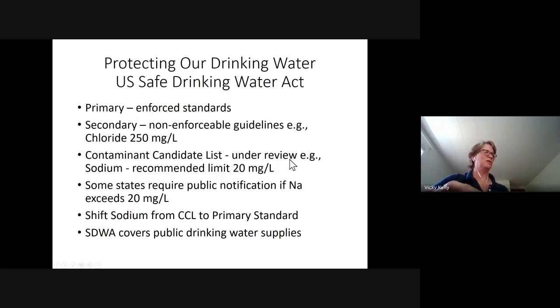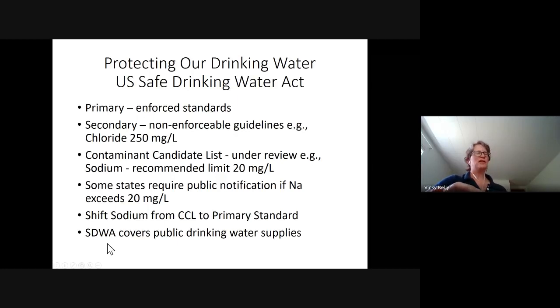It has been for probably about 15 years. The recommended limit for sodium is 220 milligrams per liter. Some states require public notification if sodium exceeds 20 milligrams per liter in the public drinking water supply. So one of our suggestions was that we shift sodium from that contaminant candidate list and make it a primary standard.